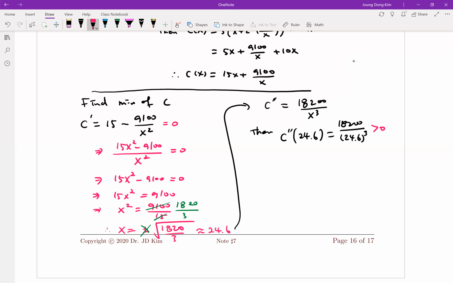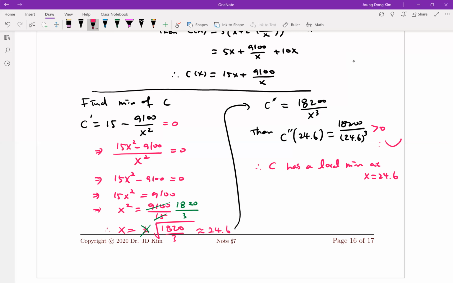The graph is concave upward at this point. So we can conclude that C has a local minimum at x equal to 24.6. Since there's no other critical value, this local minimum is the absolute minimum.